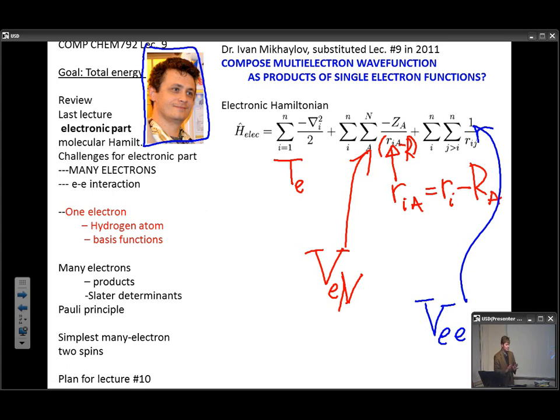Nothing new. We already discussed this. Three terms in the energy operator for electronic systems. And I think each of us can close all textbooks and reproduce this equation, hopefully.